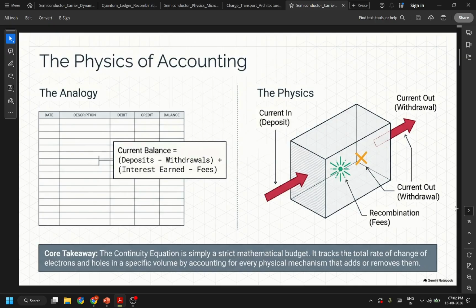Similarly, in semiconductor physics, the current in is your deposit, the current out is your withdrawal, the generation is your interest earned, and your recombination is the fees. So the core takeaway: the continuity equation is simply a strict mathematical budget. It tracks the total rate of change of electrons or holes in a specific volume by accounting for every physical mechanism that adds or removes them.